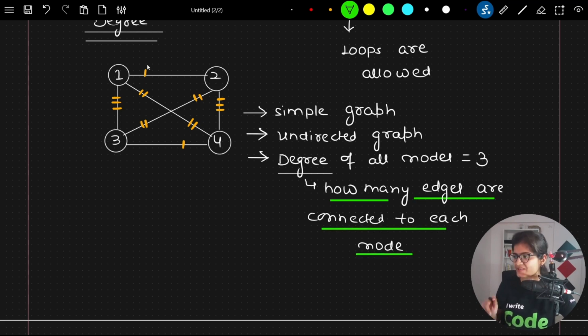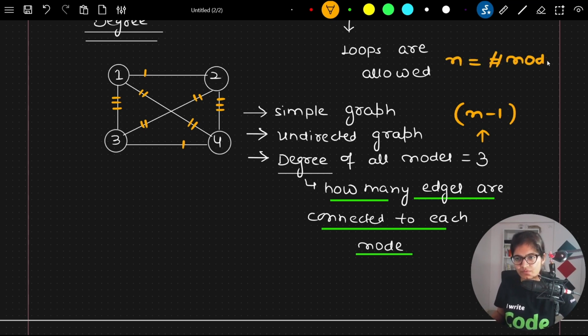In this particular case, each and every node has a degree of 3. If you observe, the degree is equal to n minus 1, where n indicates the number of nodes in this graph. Here the degree of all the nodes is 3, which is nothing but 4 minus 1.